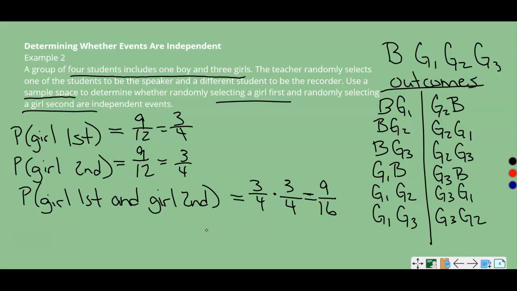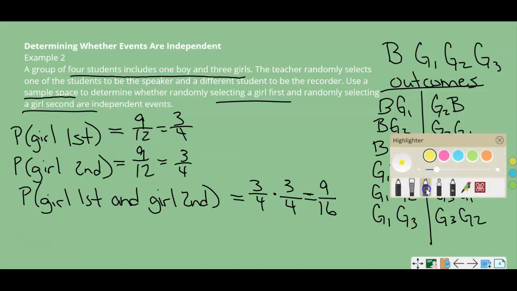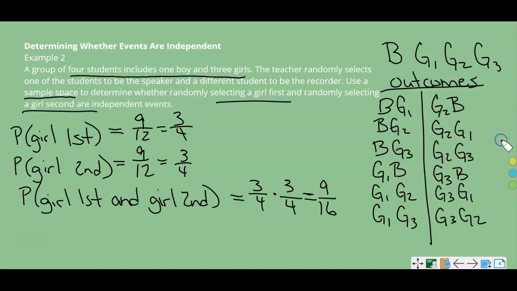So let's see if we look at the table, if we look at all the possible outcomes, let's see what happens. So let's get our highlighter again. All right, so we want to know probability of a girl first and a girl second. So a girl first and a girl second. Here's a girl first and a girl second.